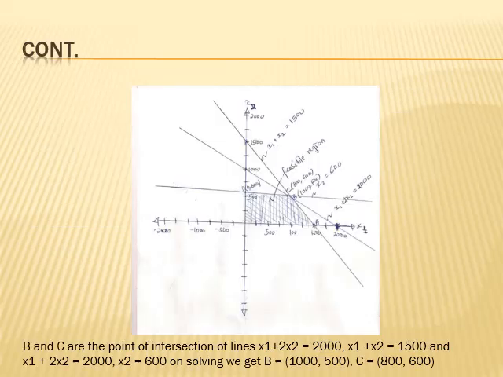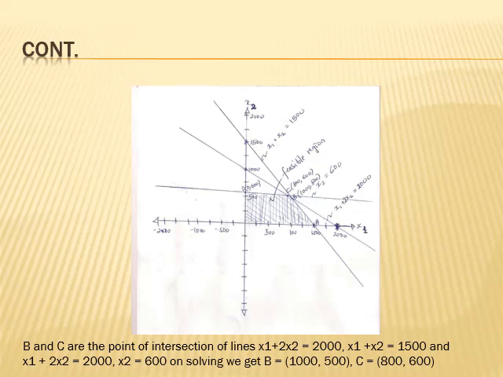So now after plotting the various equations on the graph, we found the border points A, B, C, D. A is given as 2000, 0 when x2 equals 0.